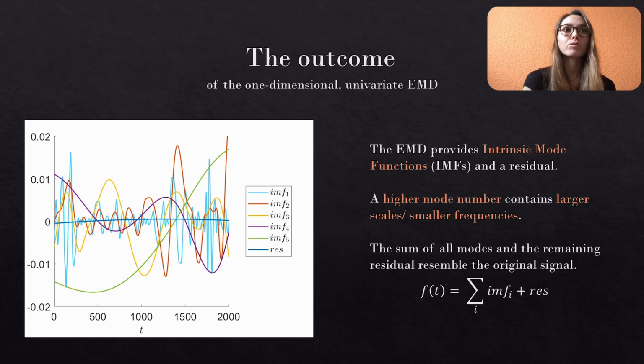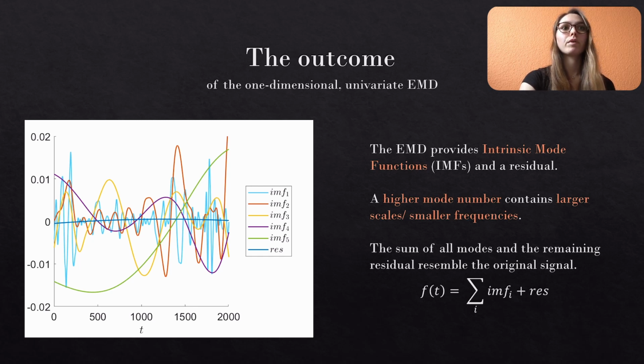You might have also realized that the IMFs fluctuate around zero. This is also enforced by the EMD. The only non-zero mean component is the remaining residual, which we have abbreviated as res. If your signal contains a large-scale trend or it has just non-zero mean, this is found in the residual.